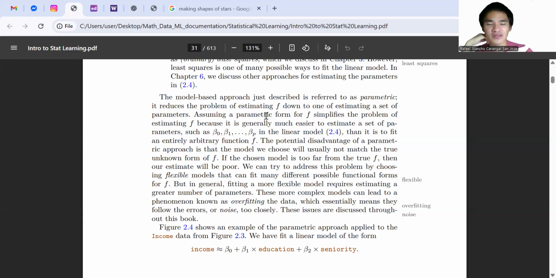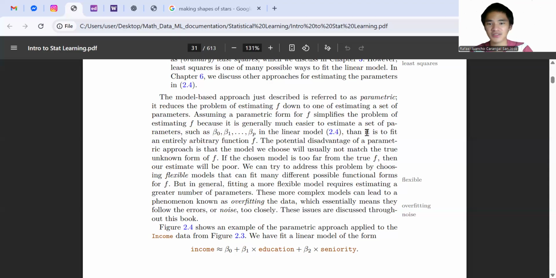So just to reiterate, we want to, again, assume the data has some shape. This is where we come into play. We decide some model, so in this case a linear model, and we're going to try to estimate the parameters, B naught to B sub P, in that linear model, in order to try to estimate our output.